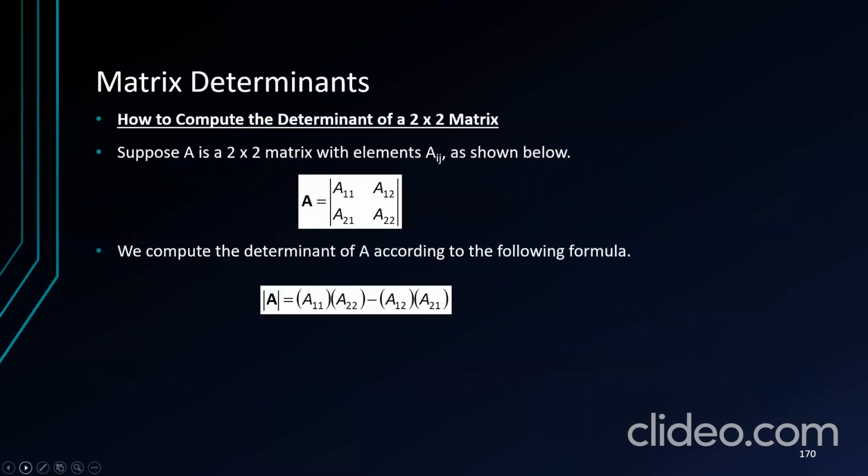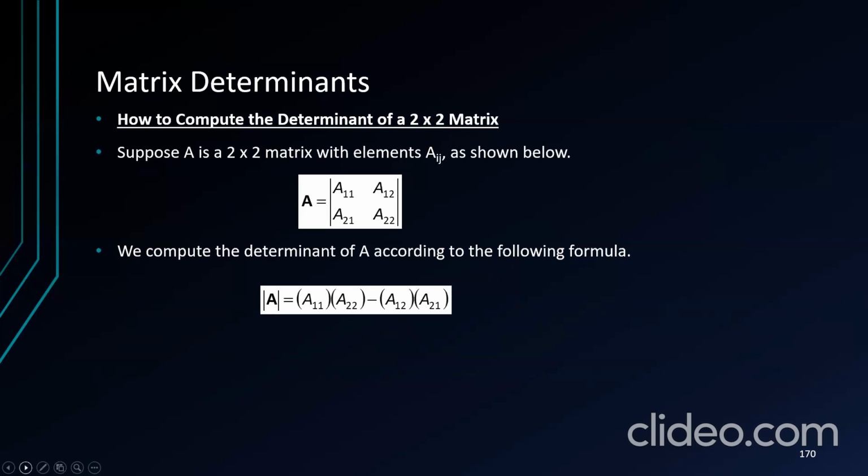Next, matrix determinants. Suppose A is a 2 by 2 matrix with elements Aij as shown below. A is equal to A11, A12, A21, A22.